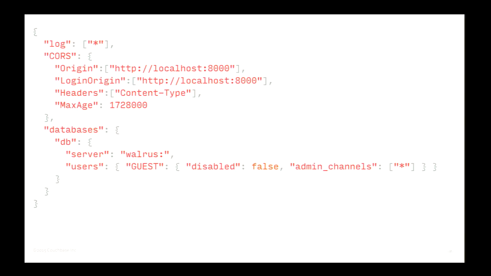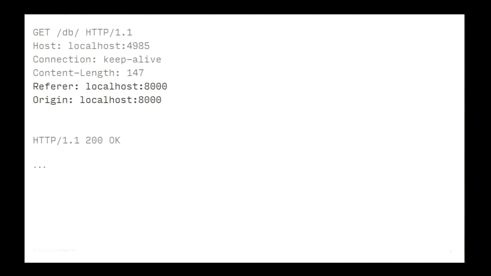So if you're serving your app on port 8000 in development, you configure it to 8000, and when you ship the app on your domain, then you just change it to your production domain. And in the requests, you'll notice if you use a debugging proxy tool that the origin here is localhost 8000, which is your web server serving your web app, and then the host here is the Sync Gateway port.